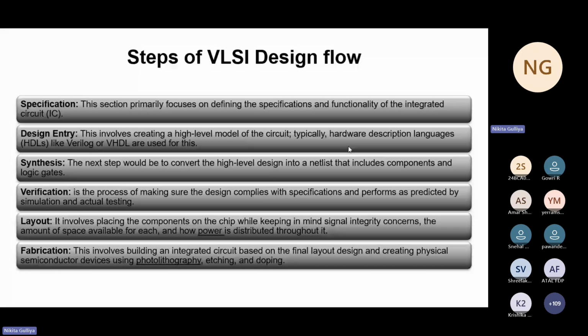Next is the design entry. We create a high-level model of the circuit using hardware description languages like Verilog or VHDL. This step focuses on describing the behavior of the circuit rather than its physical implementation. After design entry comes synthesis. Synthesis converts the high-level HDL description into a netlist made up of logic gates and components based on the target technology.